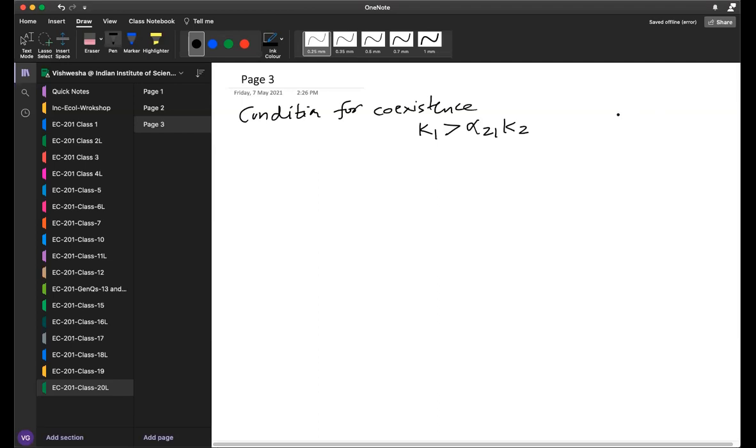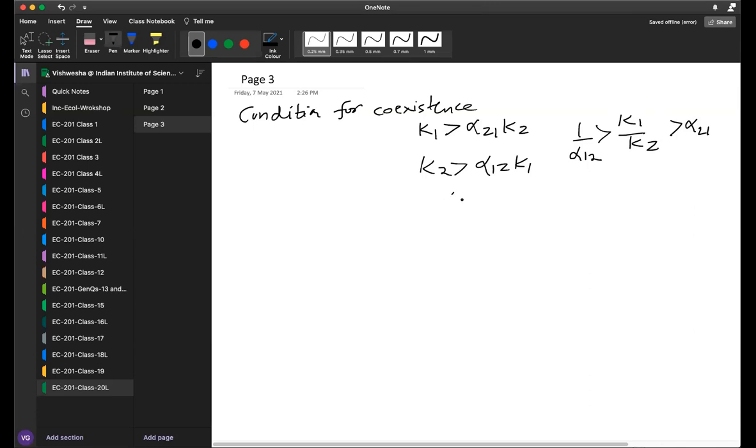Let's look at the ratio. What does that mean in terms of ratio? K1 by K2 is greater than alpha 2,1. Is that right? And the other condition was K2 was greater than alpha 1,2 K1. So in terms of the ratio again, K1 by K2 is less than 1 over alpha 1,2.